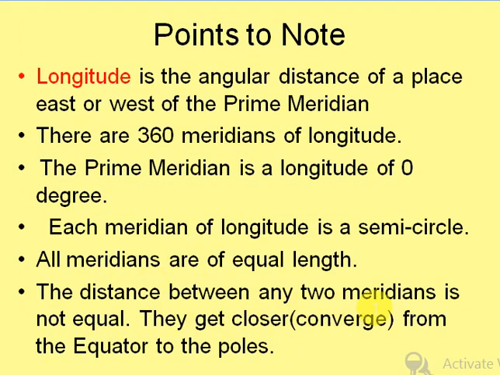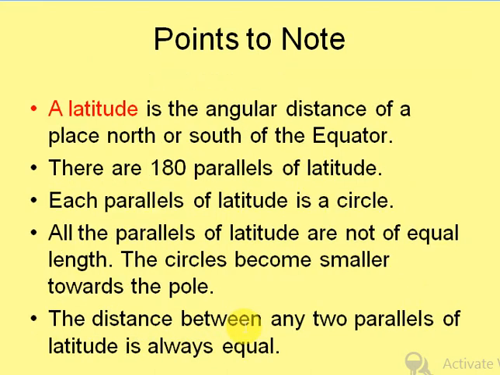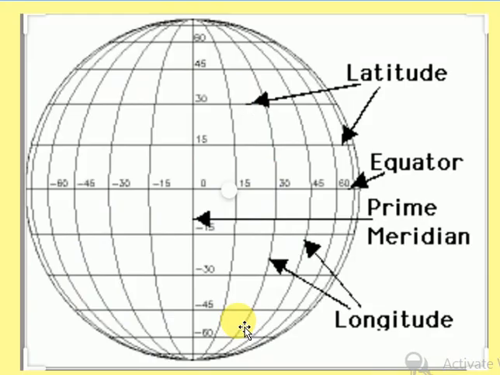The distance between any two meridians is not equal. Let us see how it is. See these longitudes here at the equator, at this center part, the distance between the two longitudes is more over here. But as you reach towards the pole, you will find the distance has decreased.